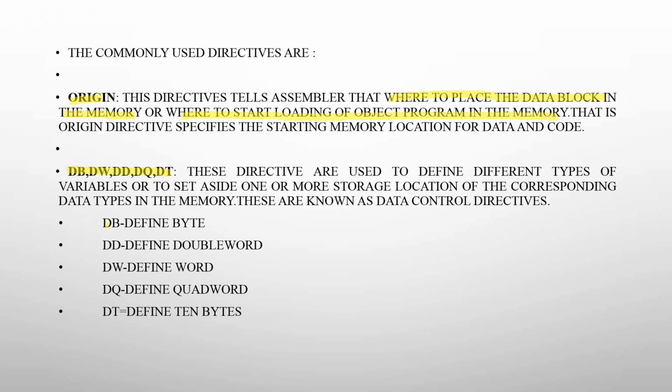DB means define byte, DD means define double word, DW means define word, DQ means define quad word, DT means define 10 bytes. We can make use of these assembler directives in order to define either byte, double word, word, quad word or 10 bytes.